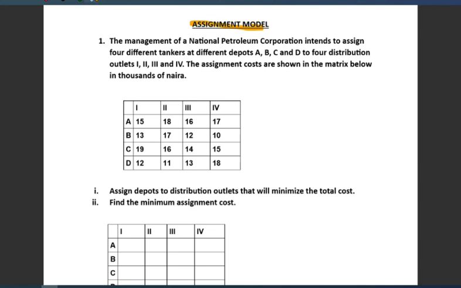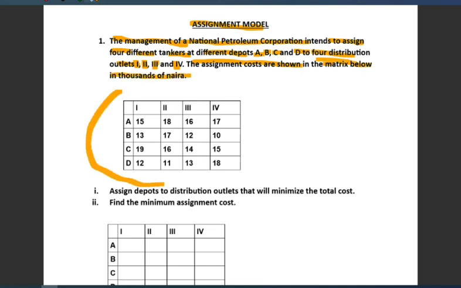So the first question is: the management of a national petroleum corporation intends to assign 4 different tankers at different depots, A, B, C, and D, to 4 distribution outlets, 1, 2, 3, and 4. The assignment costs are shown in the matrix below in thousands of naira.